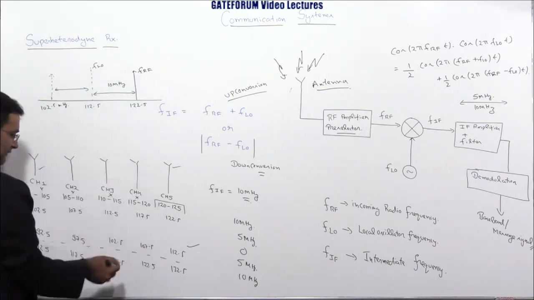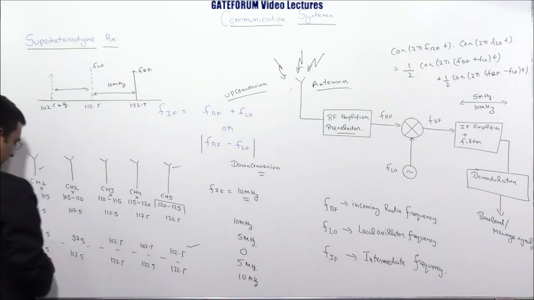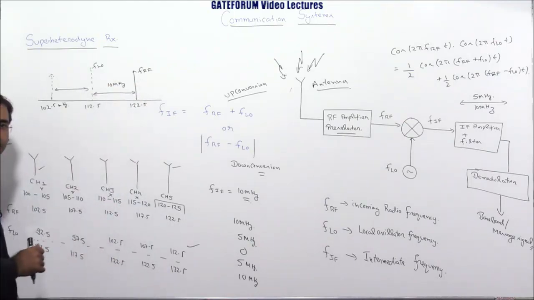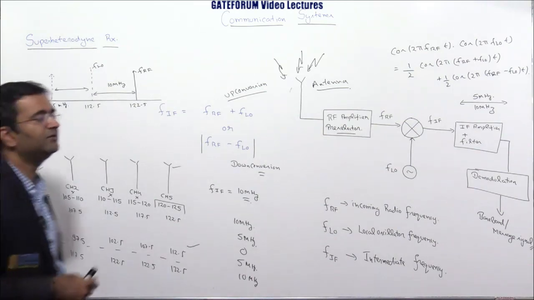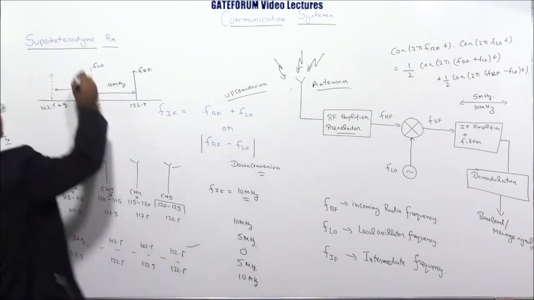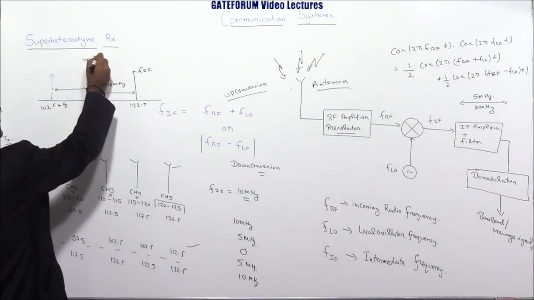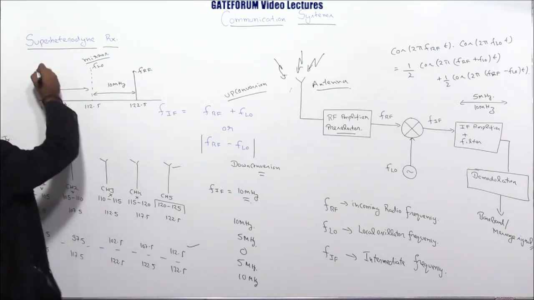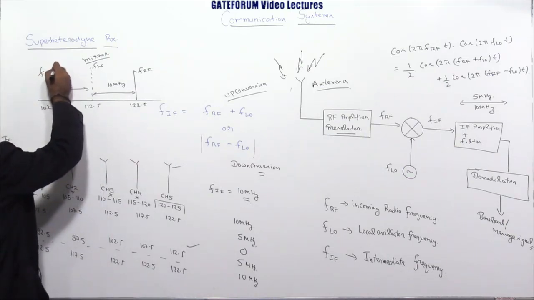If I choose FLO 112.5 for this one, then channel 5 will become an image. So that's why the name given is image, and this acts like a mirror. Of course, it is not a literal mirror frequency, but this acts like a mirror and the images fall over here. So this is F image.